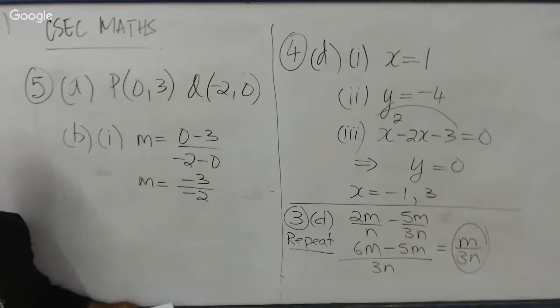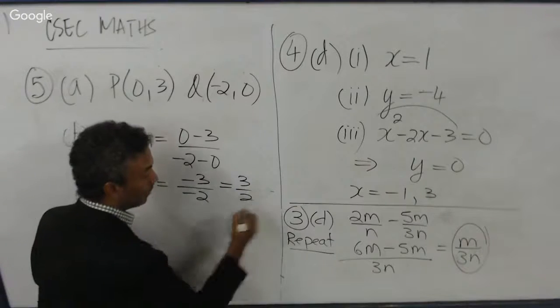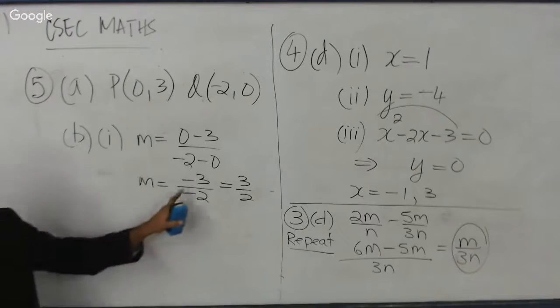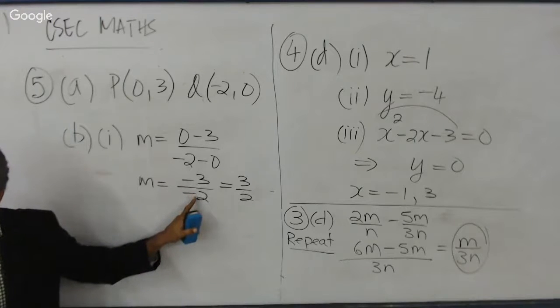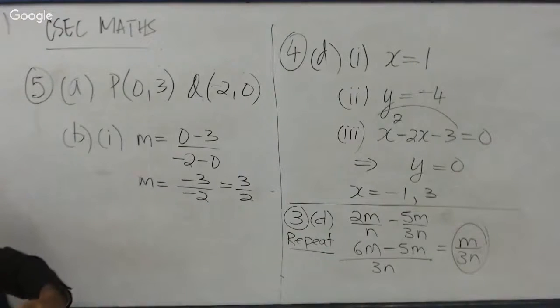Negative divided by a negative is positive. So the answer is 3 over 2, 1.5. Positive. So in other words, the negative 3 over 2 is incomplete. The best answer would be 3 over 2, or 1.5.